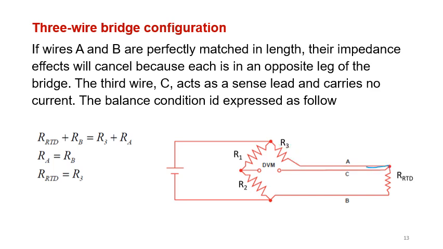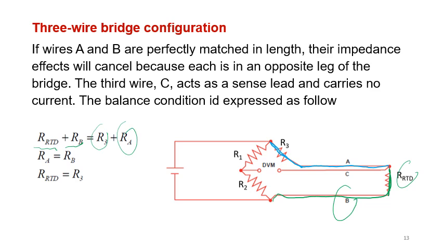This is going to be one leg, and this is going to be the other leg. Now, if I consider this idea, what will be the situation? You are going to find that RTD plus RB is supposed to be equal, if I assume the other two are equal, to R3 plus RA.